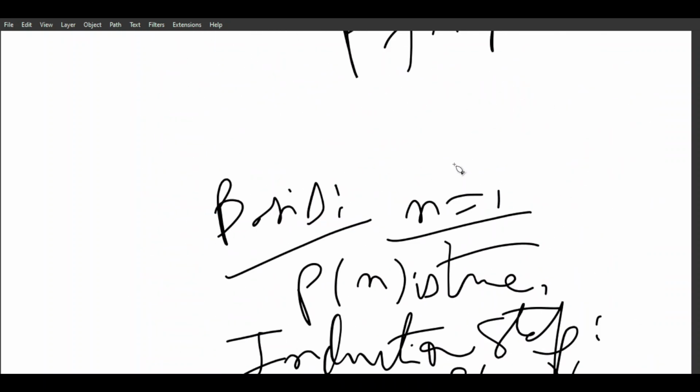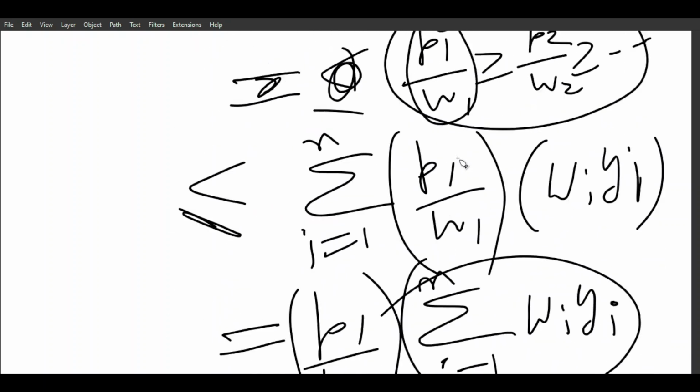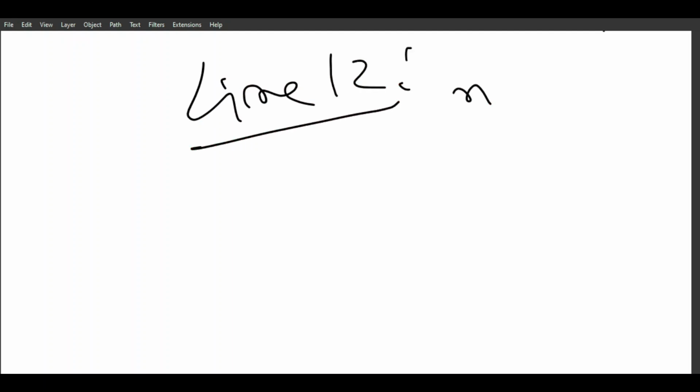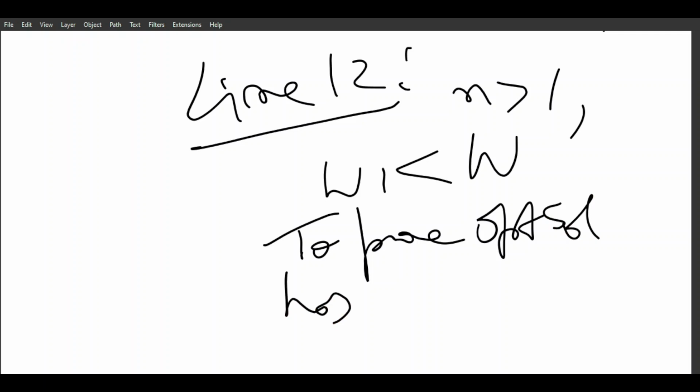exchange. So once again we consider line 12, n is greater than 1, Wn is less than capital W. So to prove the optimal solution has y1 equal to 1, here we use the exchange argument.